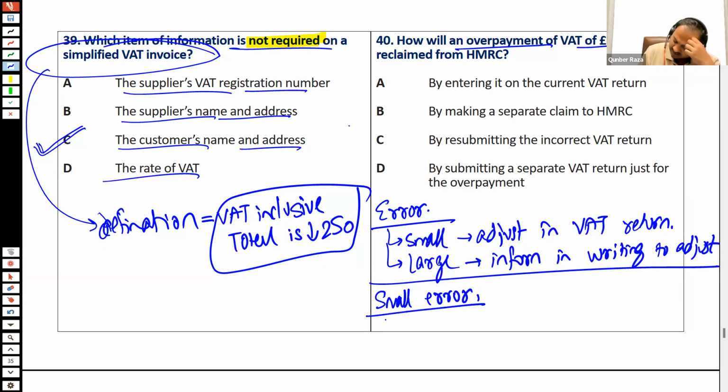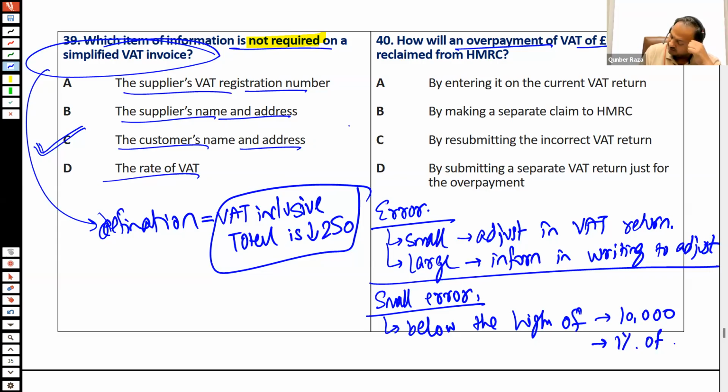A small error is any error which is below the higher of 10,000 or 1% of turnover.